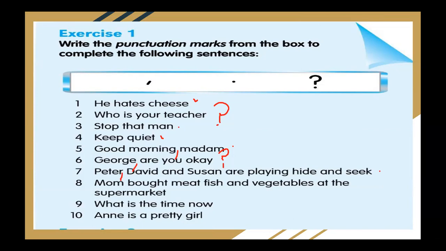Comma after meat, and full stop after supermarket. What is the time now? Question mark. Anne is a pretty girl. What will come over here? Full stop or period. Very good.